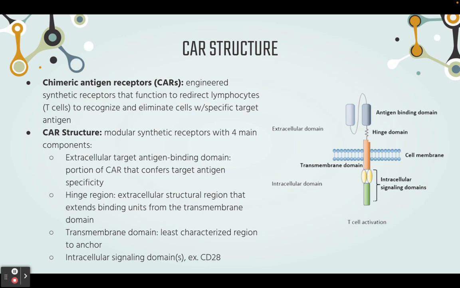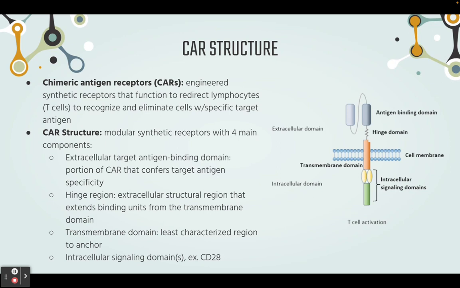And so, there are four main components of CARs that can be engineered. There's the extracellular target antigen binding domain. That is the portion of the CAR that's specific for your target antigen. That will be different for each tumor, for different cancers, because there will be different target antigens for each of those.